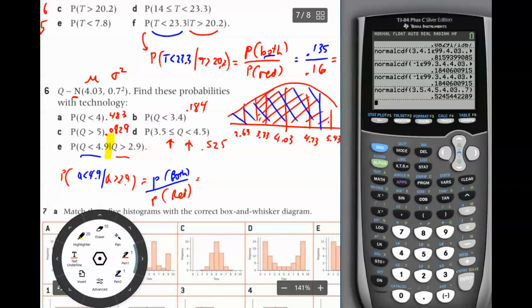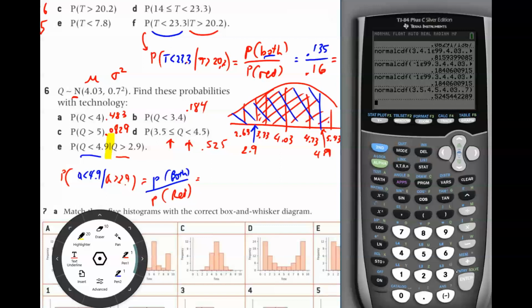So the part that's both, what number is that there? This number is 2.9, right? And what number is this here? It is 4.9. Okay, so the probability of both happening would be between 2.9 and 4.9. So let's figure out what that is.